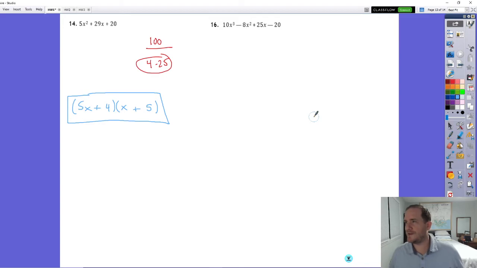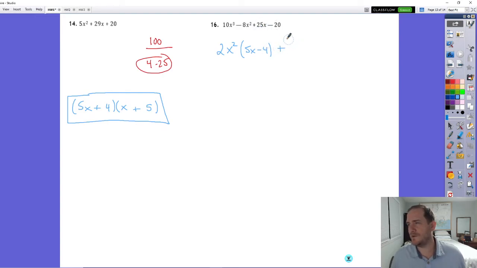And now 16 is another factoring by grouping, pretty obviously. So factor out an x squared, but there's also a GCF among the coefficients. It's just 2, but factor out the 2 to be left with 5x minus 4. And the same thing should happen here.